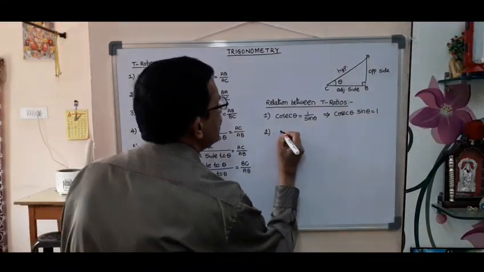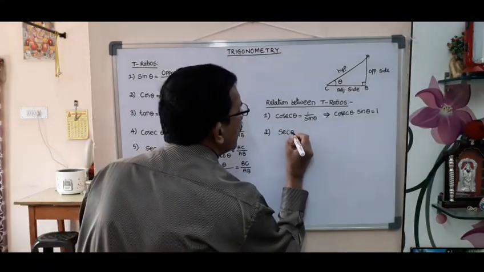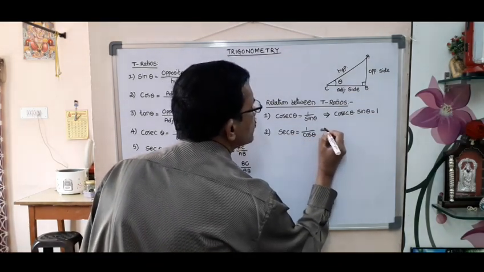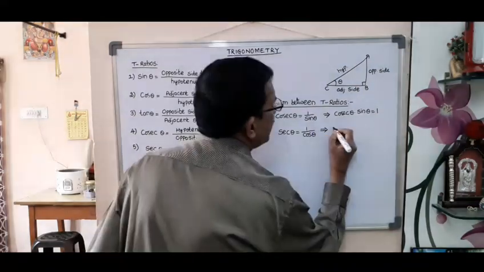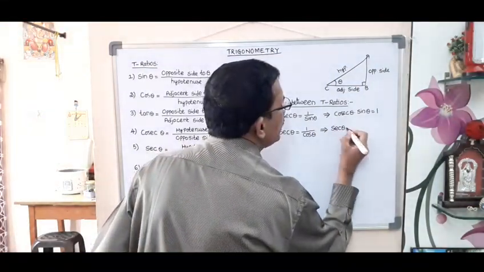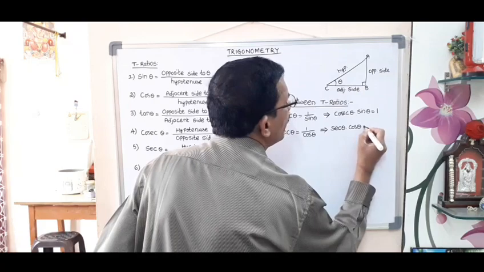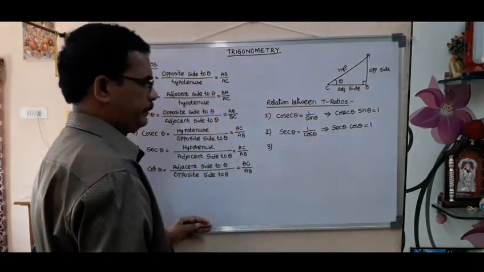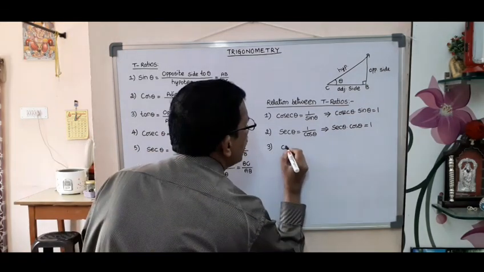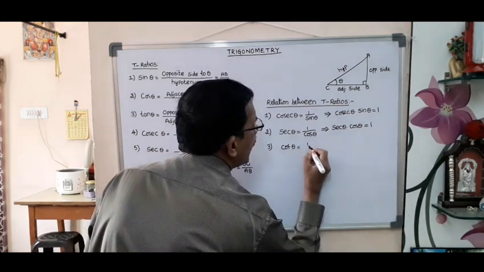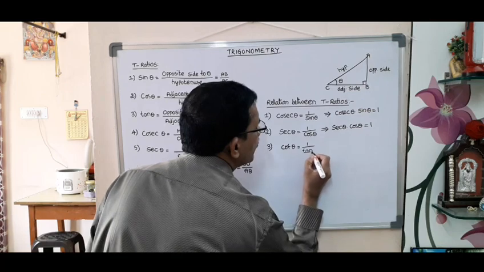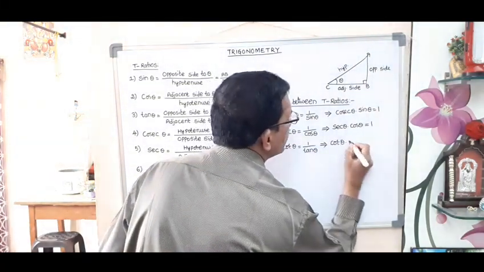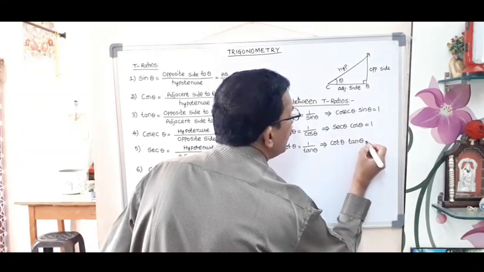Second one, secant theta is reciprocal of cos theta. So if we cross multiply, we will get secant theta into cos theta is equal to 1. Third relation, cot theta is equal to 1 by tan theta, which implies cot theta into tan theta is equal to 1.